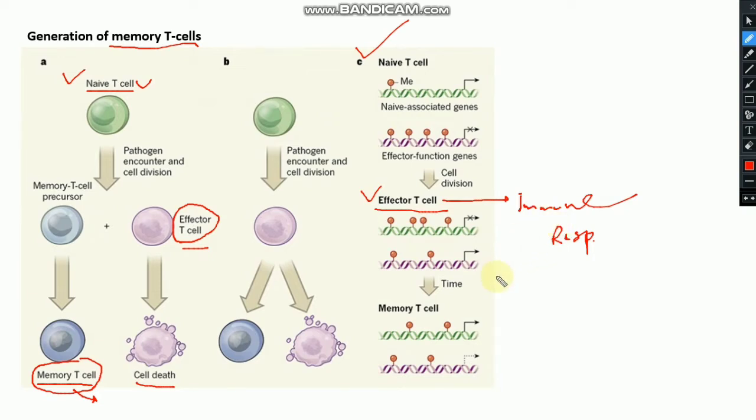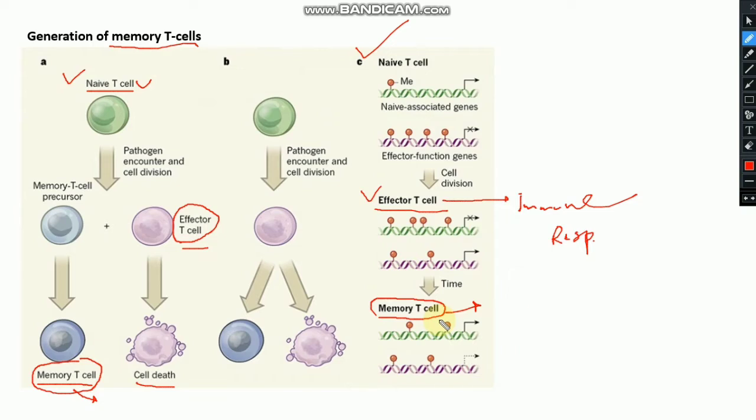But after several days, when the pathogens are completely cleared from the human body, these effector T cells decline, or die. But a small portion of the T cells survive for a longer time period, and these T cells are known as the memory T cells. These memory T cells can produce effector T cells, or stimulate the B cells, when reinfection occurs.